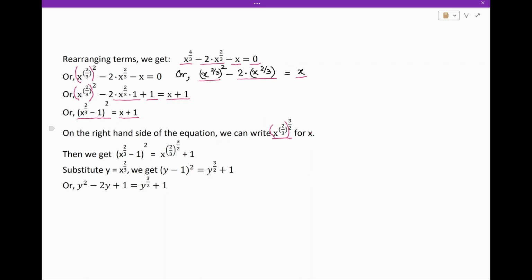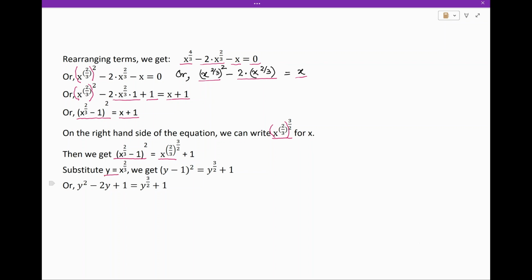That is, x is equal to x to the power of 2 by 3 whole raised to the power of 3 by 2. Therefore, we get x to the power of 2 by 3 minus 1 whole squared is equal to x to the power of 2 by 3 the whole raised to the power of 3 by 2 plus 1.